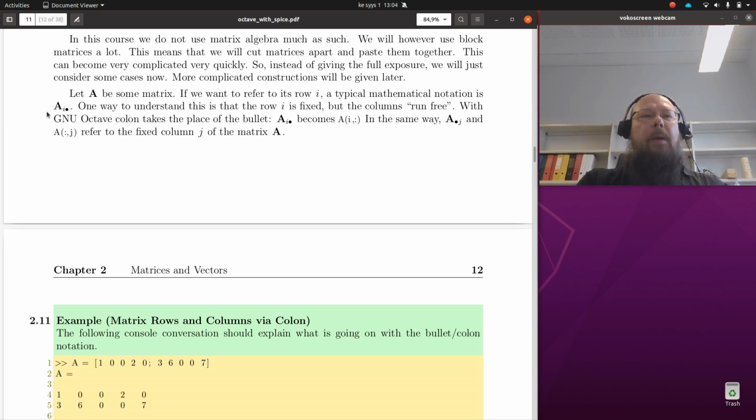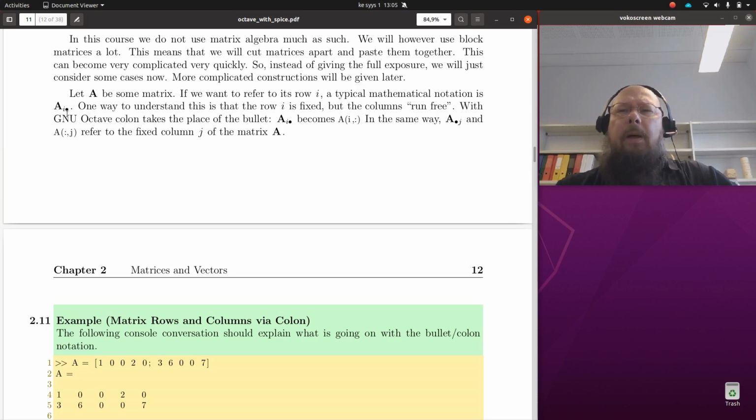If I look at A, then an i, and then a bullet, a big dot after it, this means that I am looking at the ith row of this matrix. For example, i is 1 and fixed. So if I am looking at A1 bullet, it means I'm looking at the first row.